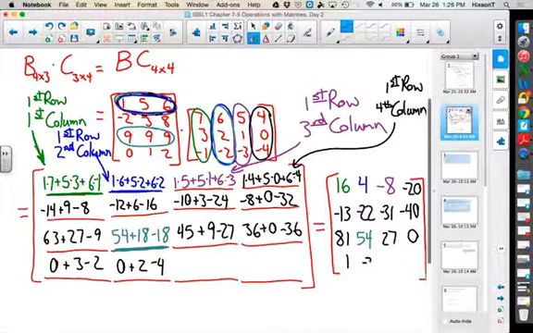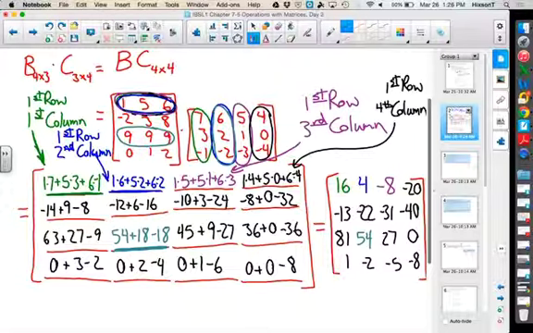So we got a minus 2. 0 plus 1. So we got a minus 5. 0, 0, negative 8. Good. So there you have it.